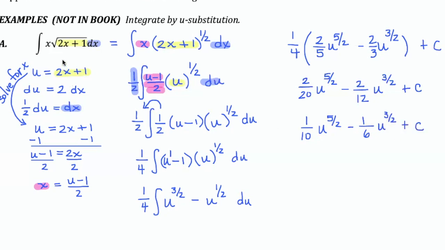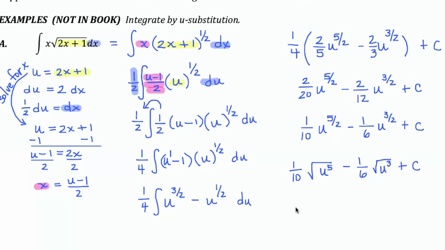And since we were given a radical to begin with, I'm not going to let this stay as a fractional exponent. So this will become 1/10 of the square root of u to the 5th power minus 1/6 square root of u cubed.